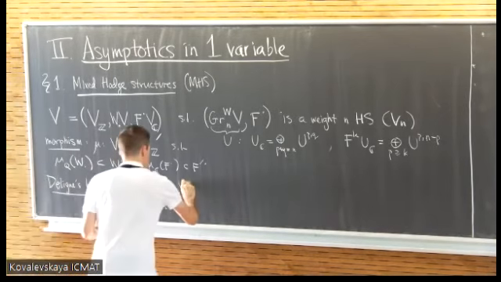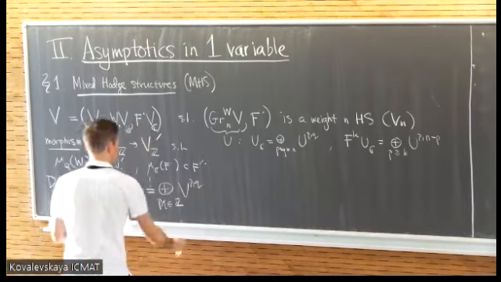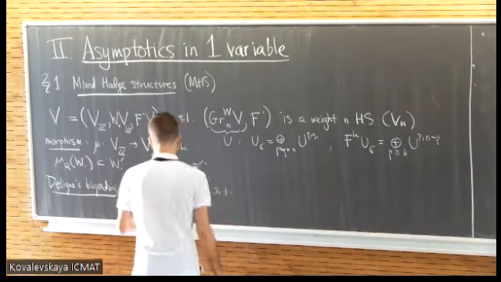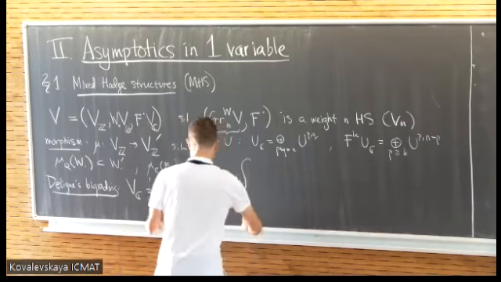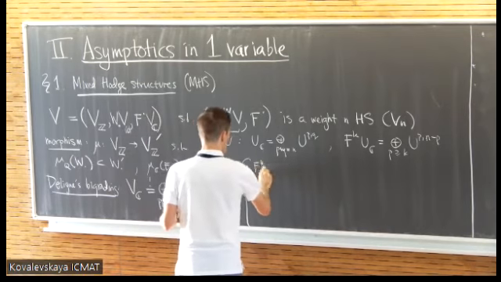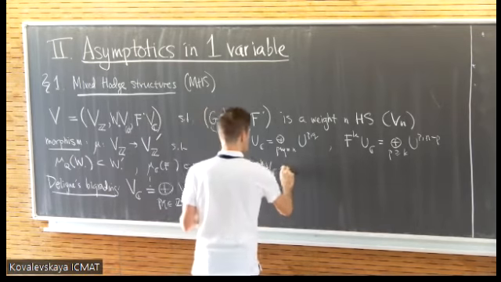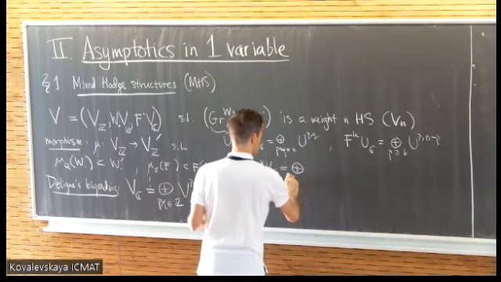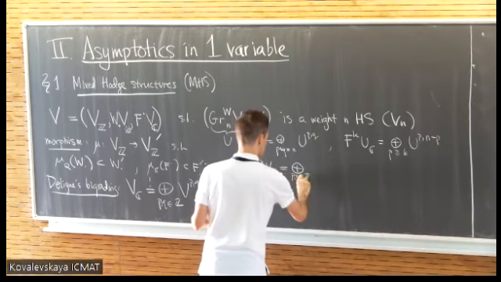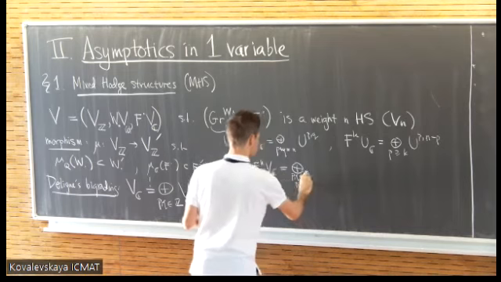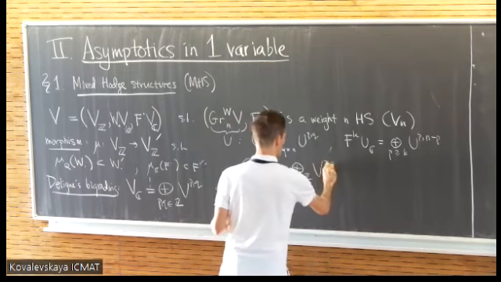over P and Q of PQ parts, such that three things are true. The first is that F^K VC is equal to the direct sum over P and Q in Z with P greater than or equal to K of the VPQs.